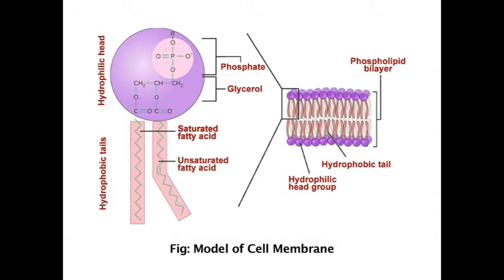This lipid molecule has a central, somewhat polar glycerol moiety linked to a highly polar group, which we call the head, and to two nonpolar long hydrocarbon chains, which we call tails. The essential feature is a polar head group to which hydrocarbon tails are attached.